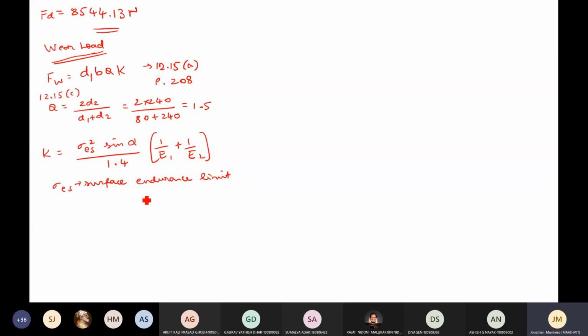I'd rather use the same thing that is used here. So surface endurance limit, sigma ES, is equal to 2.75 times the Brinell hardness number of the material that you are working with, minus 70. This is in accordance with 12.15 D. You are going to get the equation.